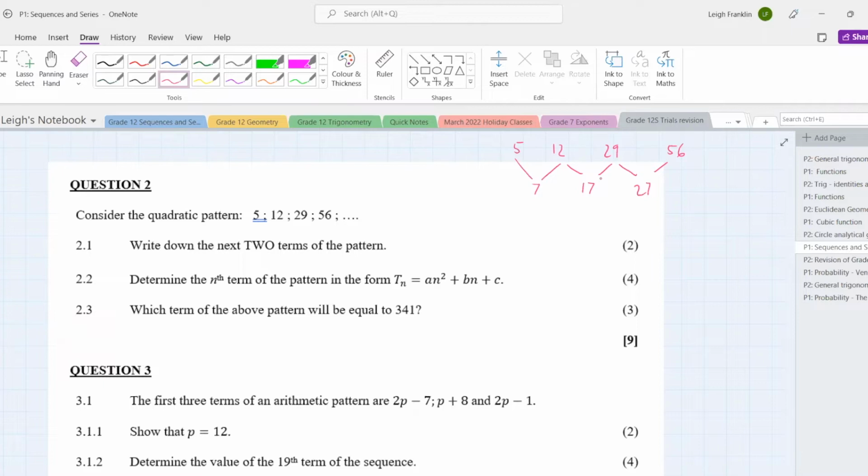Okay, so 56 plus 37, the next number would be 93. And what would we need to add to 93?